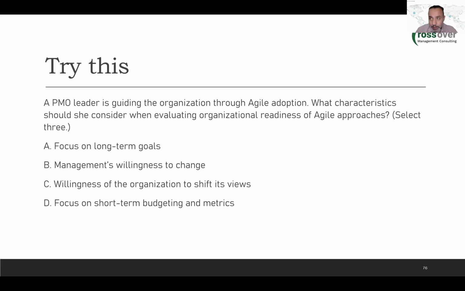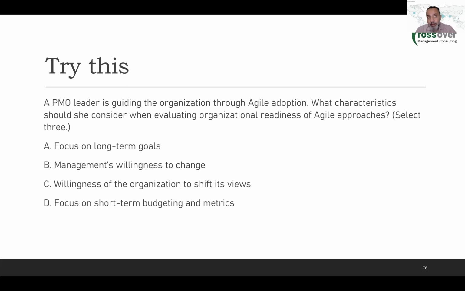Of course, agile means a lot of changes, so management willingness to change sounds reasonable, right? Or willingness of the organization to shift its views, to change the views. And agile also requires focusing on short-term budgeting, because we go iteration by iteration, right? And incremental by incremental.